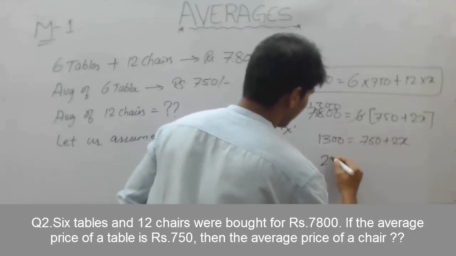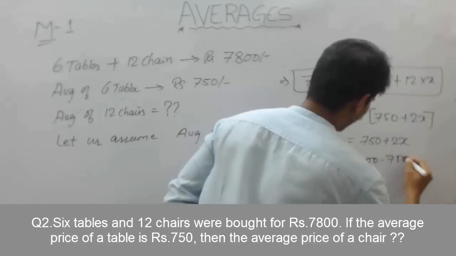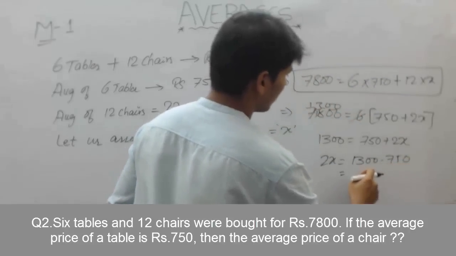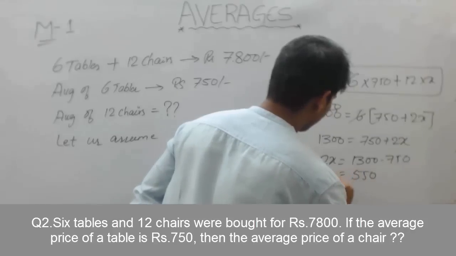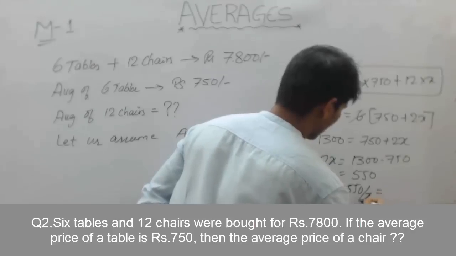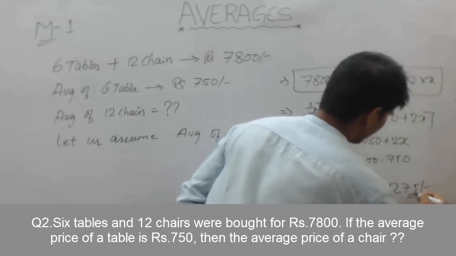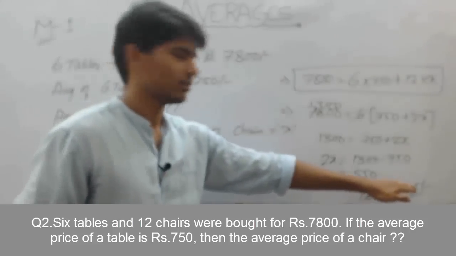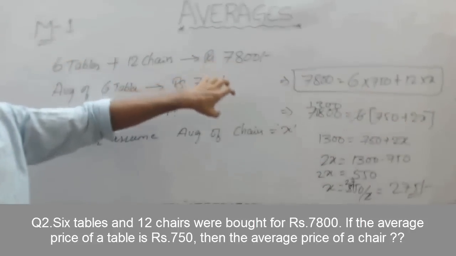Now if you interchange it, 2x is equal to 1300 minus 750. So what you are going to get? 550. 2x is equal to 550, x is equal to 550 divided by 2, that is 275. So the average of 12 chairs is 275. So this is the formula method.